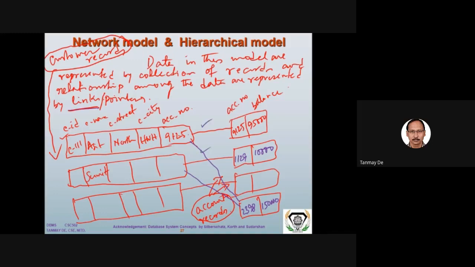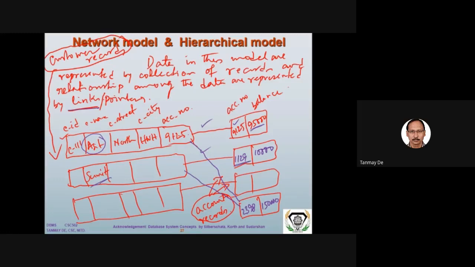How are relationships maintained, or what is the meaning of that? By this it is clear that customer Osit has an account in the bank. What is the account number? This is account number 9125, and the present balance is 95,000. Similarly, customer Sumit has account number 1129.